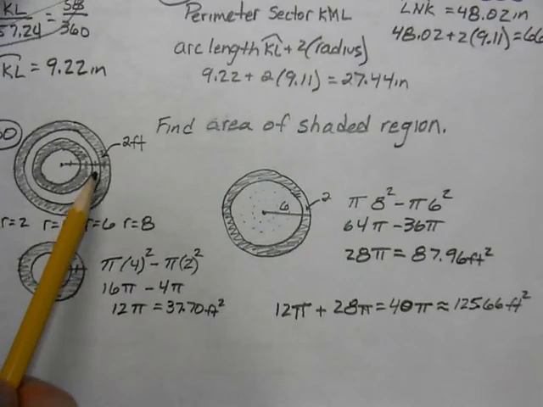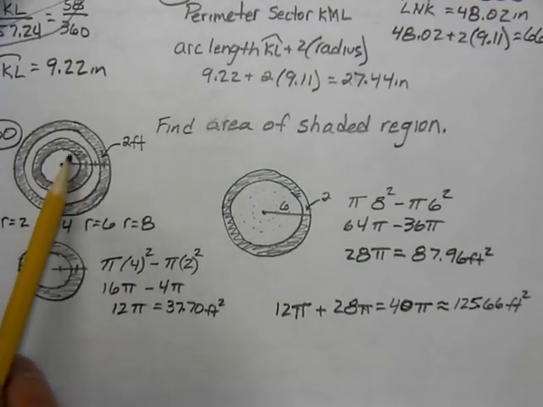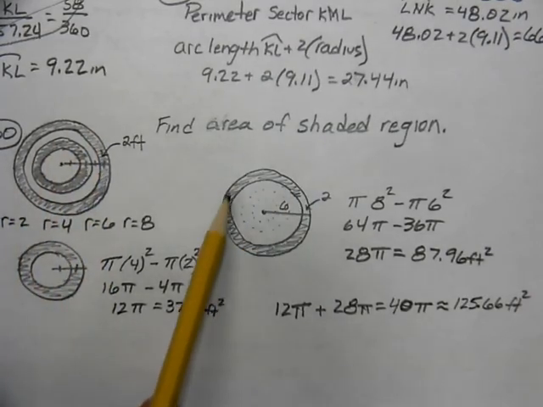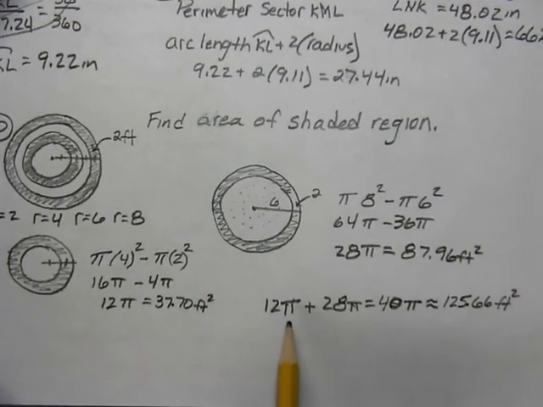So that would be the total area in this picture. First we started with just the 2 inside and figured out that area. Then I took the bigger circle and figured out its shaded region, and then I added the 2 together.